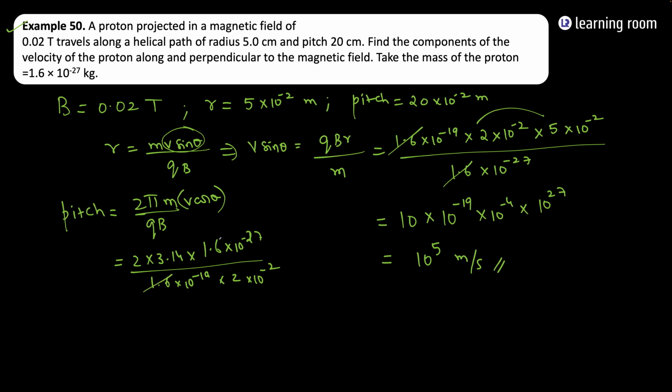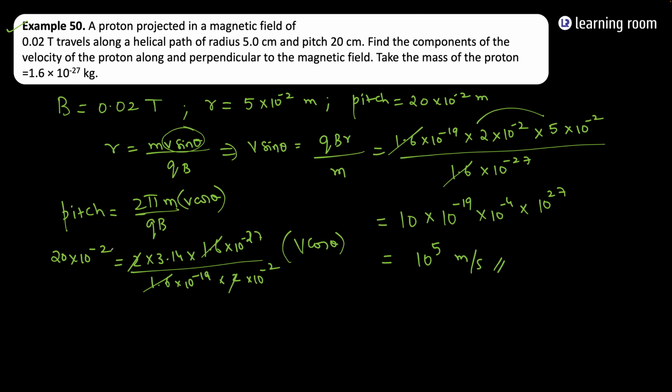So 1.6 and 1.6 get cancelled, 2 and 2 are gone. What you're left with is 2 pi m, and you have v cos theta here, and on the left hand side you have 20 into 10 power minus 2.